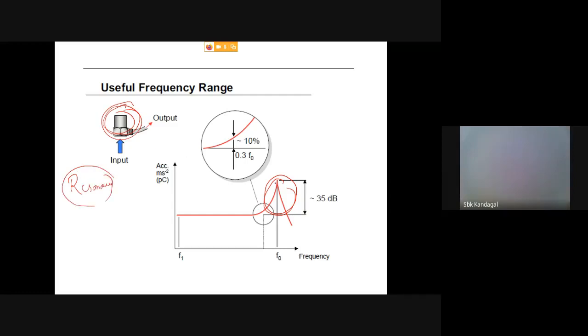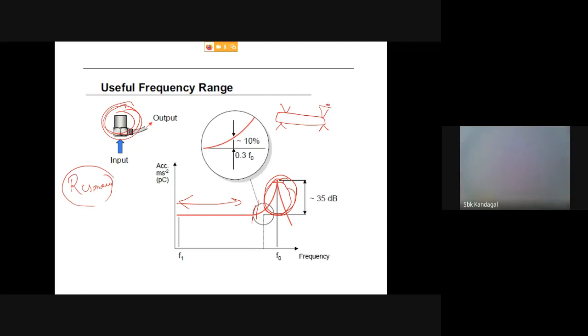That's why the useful range, typically, is only this one. You should not go in this zone, because suppose you are using it on some rotary shaft bearing housing.